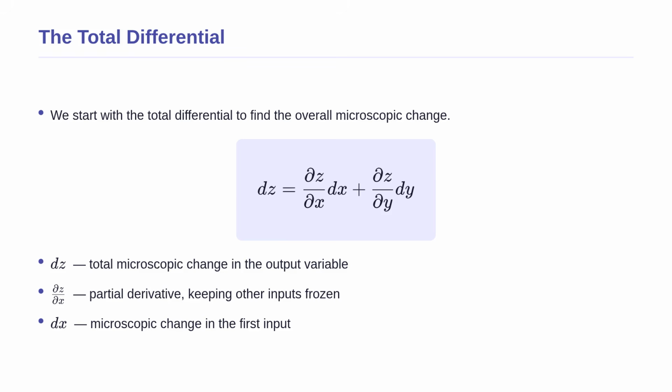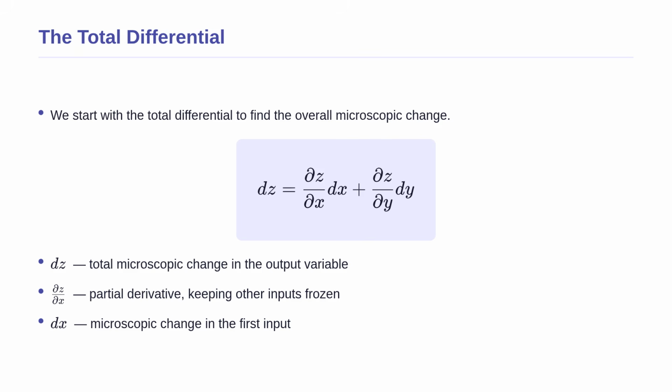Now that we understand the hiking analogy, let us look at the mathematical foundation. To understand where the chain rule comes from, we start with the total differential. This formula represents the tiny overall change in a function when all of its input variables change by a microscopic amount. The symbol dz represents the total microscopic change in the output.